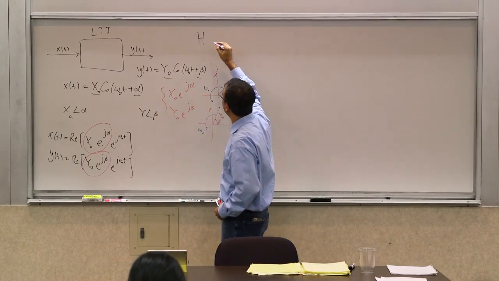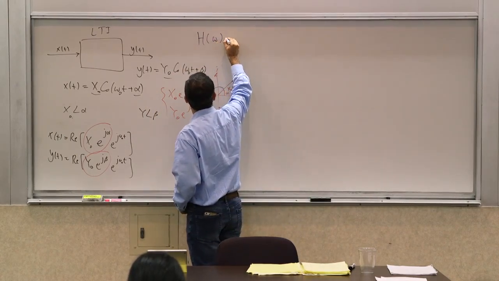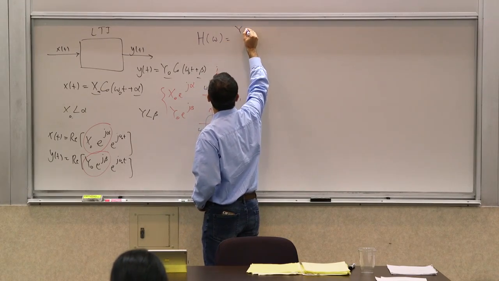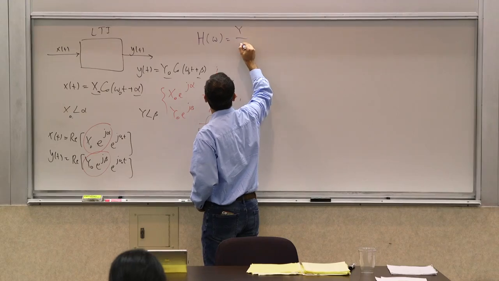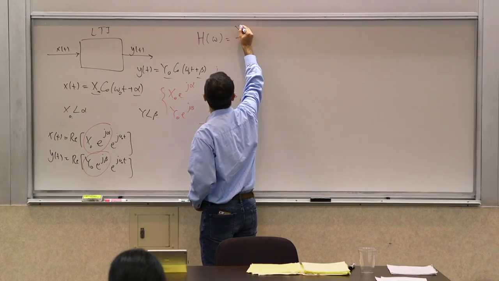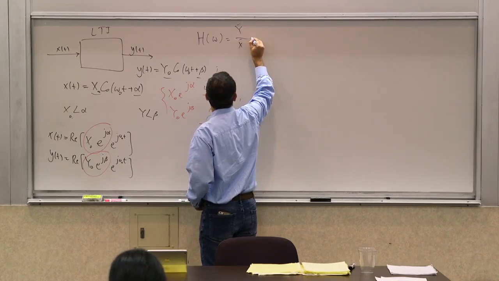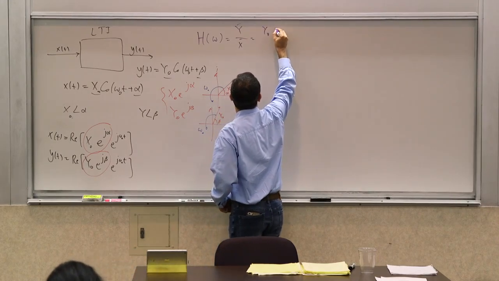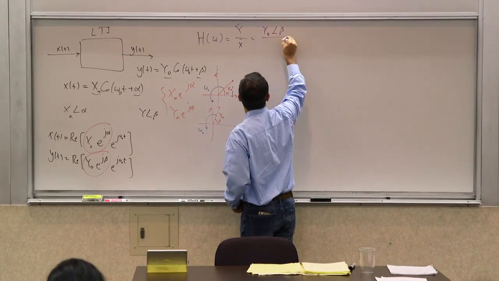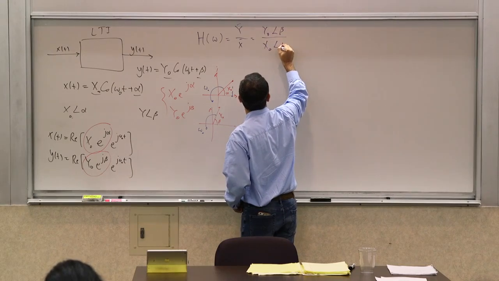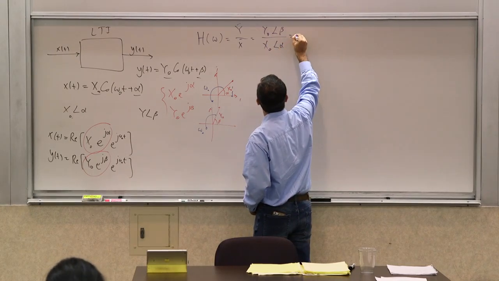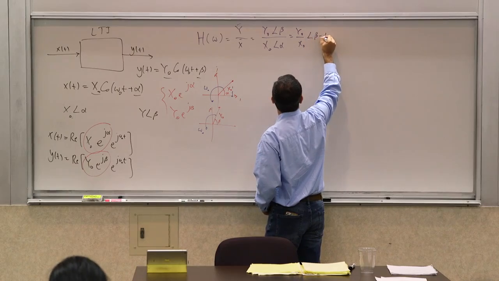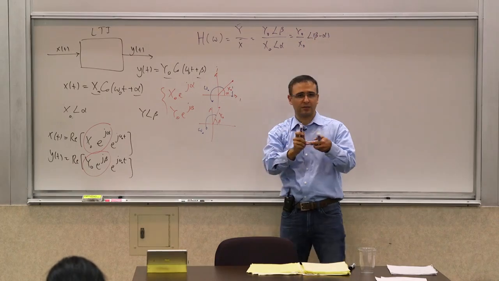So in general, you can define it as h of omega, which you can define as y over x, the phasor y over phasor x, which is basically y naught angle beta divided by x naught angle alpha, which would be y naught over x naught angle beta minus alpha, which is the angle between these two vectors.